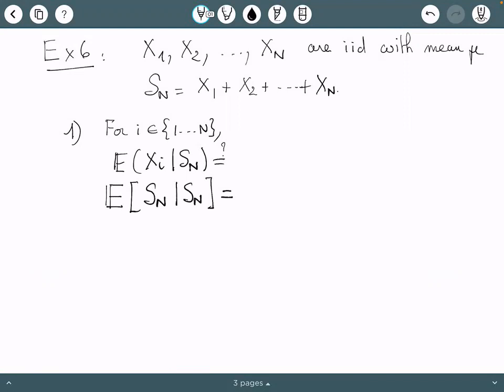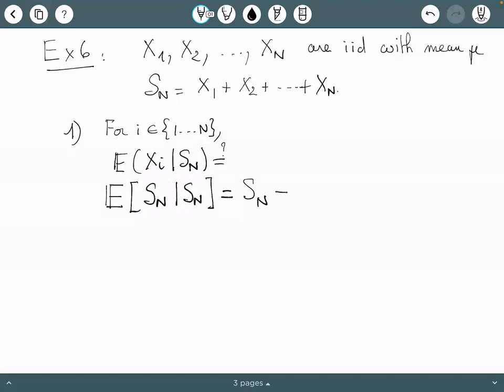It is very intuitive. The conditional expectation is the best approximation that you can have of Sn given that you know Sn, so of course the best approximation of Sn is Sn. It is also a property of the conditional expectation, since Sn is sigma(Sn) measurable.